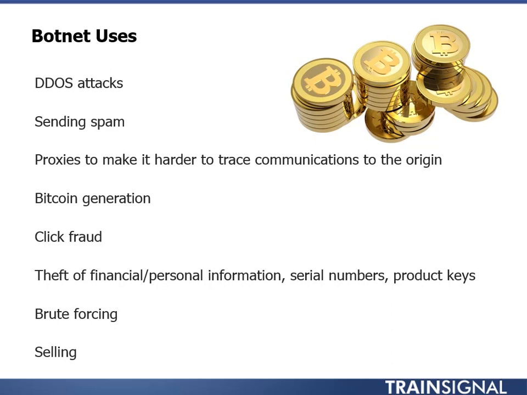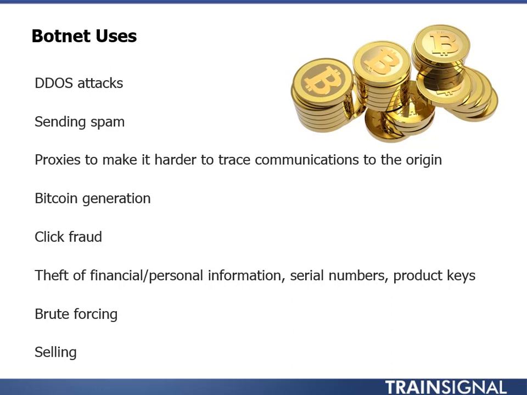Because if he were to proxy through one computer, well, the FBI or whoever was tracking him down would immediately find the IP address of that botnet computer and then set up software to monitor the communications to the botnet computer and get it back to his house. So by bouncing things off of 5, 10, 15, 20 different computers, well, as you can imagine, communications get a little slow, but it makes the process of tracking it back to the origin IP a long and drawn-out process. And the attacker will be regularly moving between different computers, different proxies, so they're always using a different path, making it virtually impossible to track back to them.